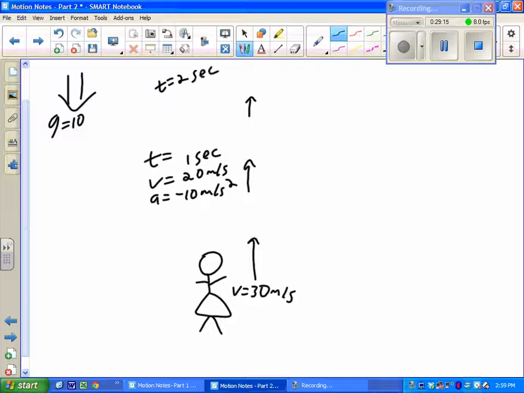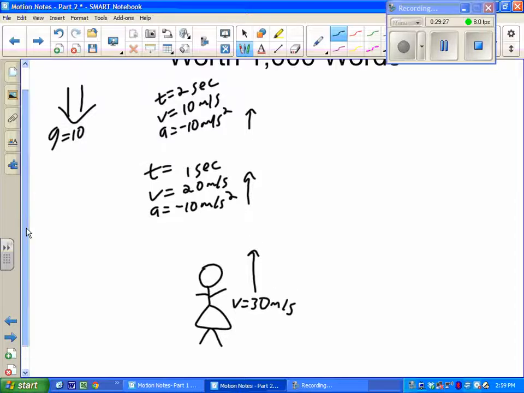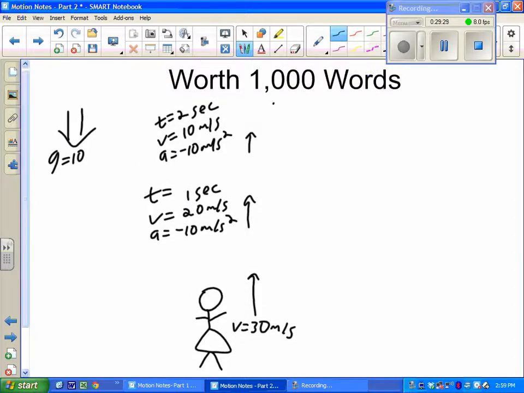In 2 seconds, it's going to slow down again, another 10. So the acceleration is still negative 10. It's slowing it down by 10. Here at the top, 3rd second, it is not moving. Slow down another 10, went from 10 to 0.